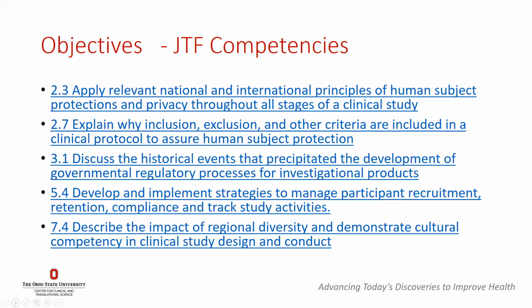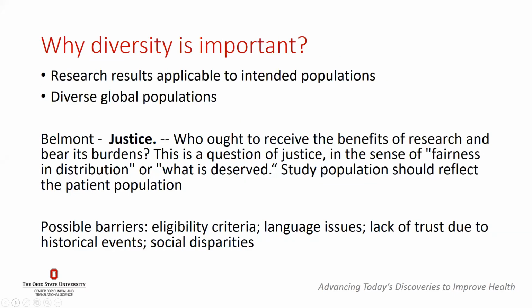So why is diversity in our populations important? One, we have a very diverse global population. Here within the state of Ohio, we have quite a few various cultures. We have Hispanic, African American, Somali, and quite a bit of Asian.